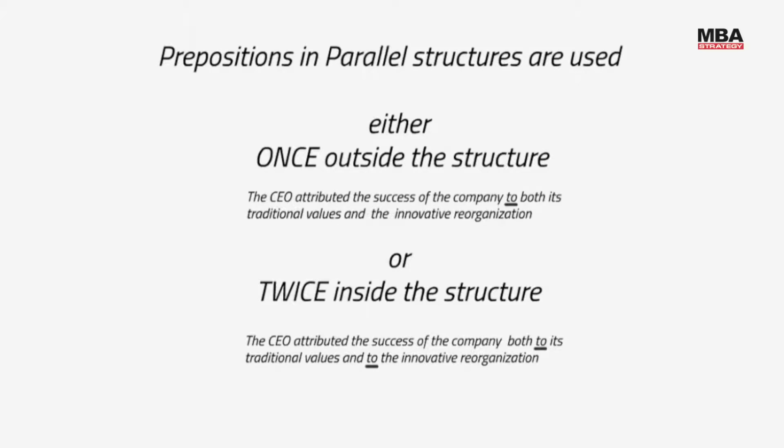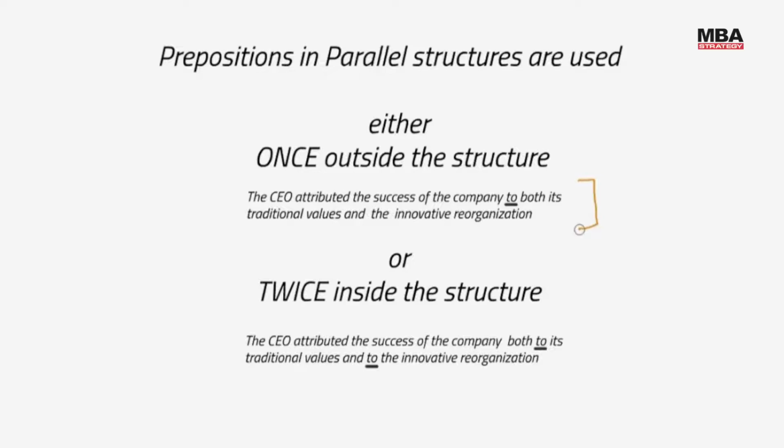Parallel structures with correlative conjunctions and idioms often involve the use of prepositions. Here is a very useful rule that we can always rely on. Remember that we can use a preposition once outside the structure or twice inside the structure. Take a look at these two examples.